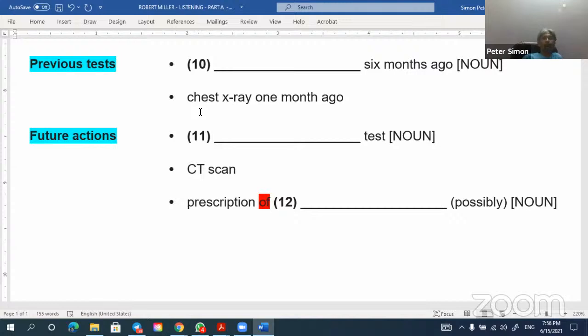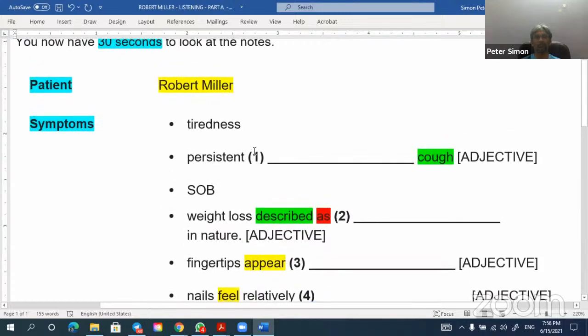So, future actions. He is getting all the information. This is how you have to elicit information. You have to ask the patient in this way. This is nothing but speaking. This is nothing but 5 minutes of speaking.